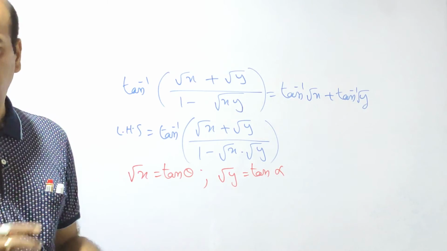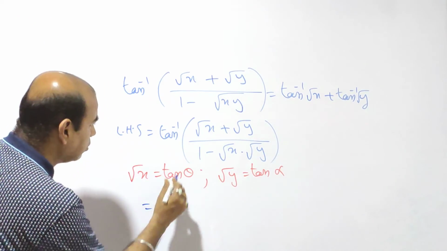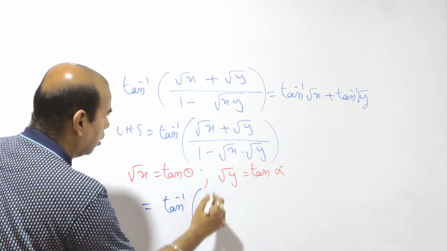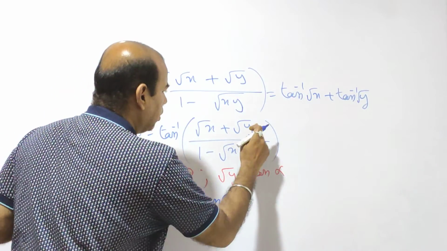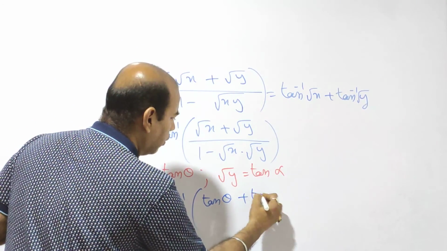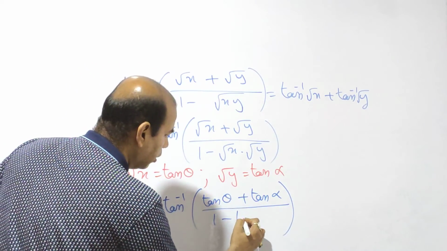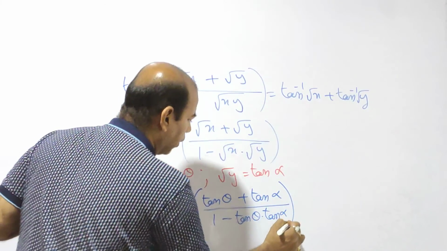In place of root x I will write tan theta, in place of root y I will write tan alpha, by 1 minus tan theta into tan alpha.